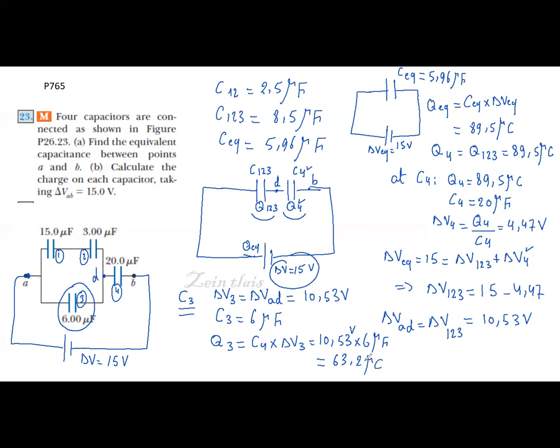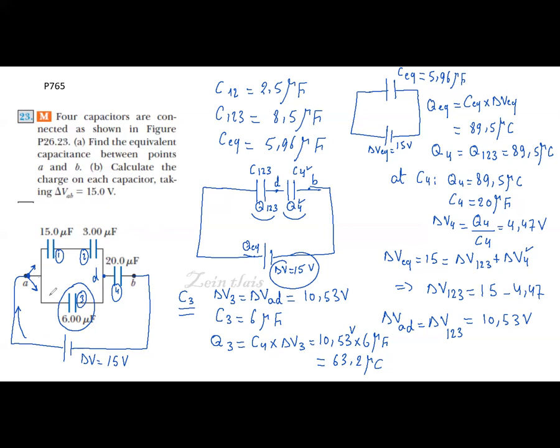Okay, we calculated Q equivalent equal to 89.5. So Q equivalent is divided between this part and this part.